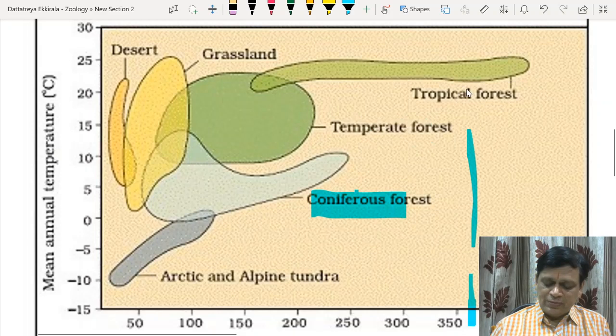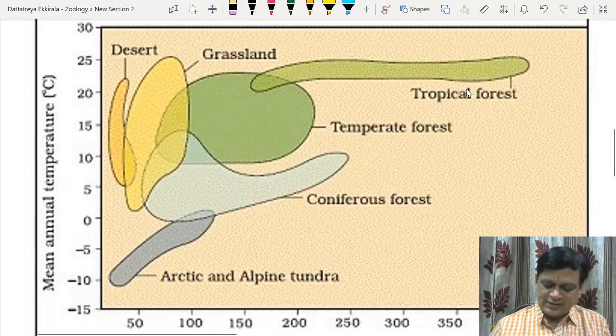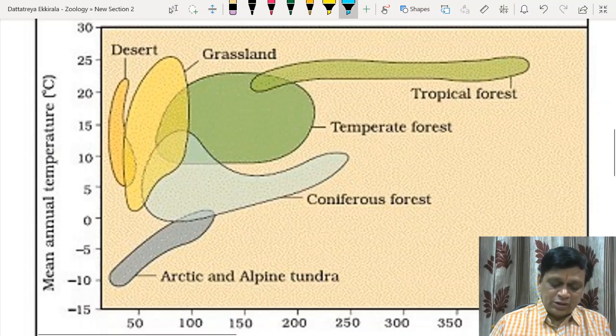So the annual precipitation is very less in the case of desert. So a little bit higher. Next, coming to, you see, what about temperature?